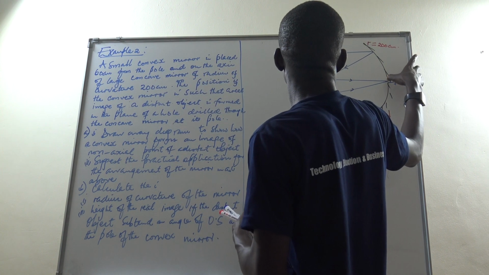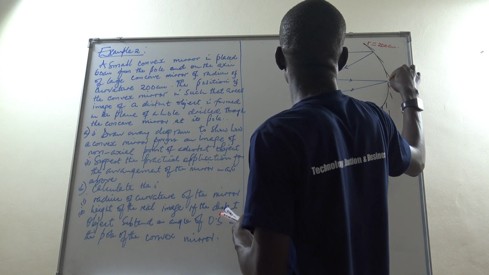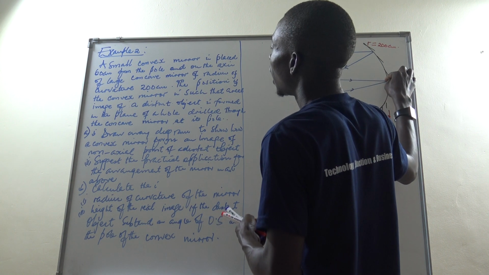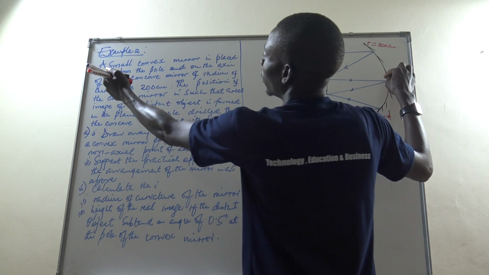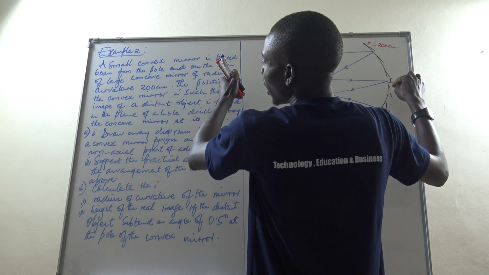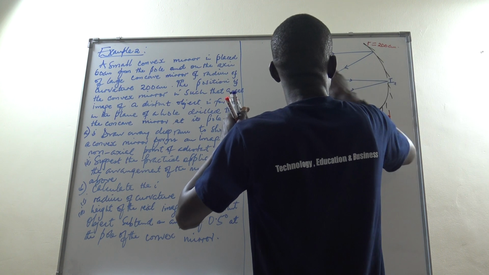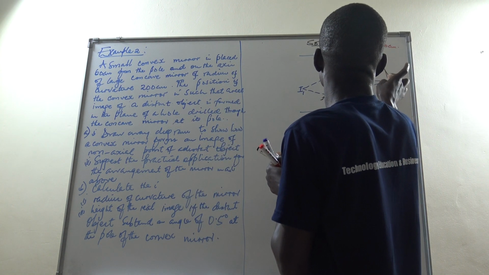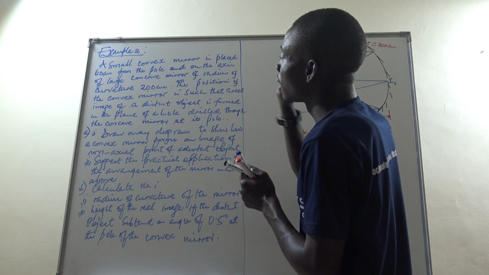This is the pole, and there is an axis. Okay? The pole is here, and 60 centimeters from the pole and on the axis of a large concave mirror, isn't it? So they placed it sharing the same axis, but at a distance of 60 from the pole up where the mirror is.